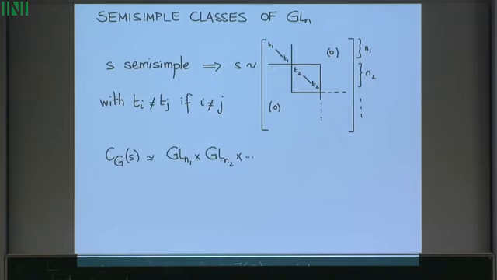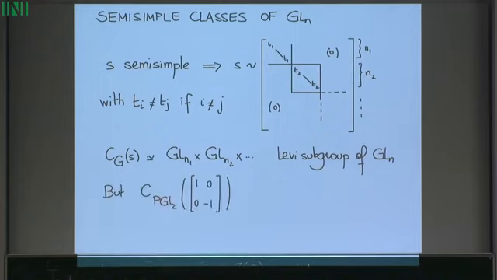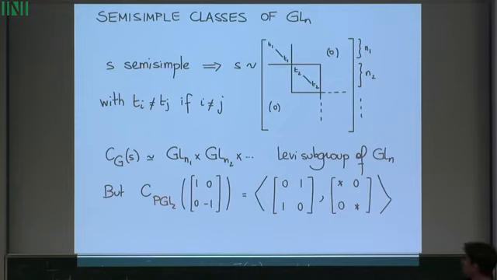Now if you want to compute the centralizer, it's a very simple exercise. You just get a product of smaller general linear groups. In that case, this is the Levi subgroup of GL_N. But the situation here is very particular to GL_N. That's why I want to emphasize that. For example, if you work with the projective general linear group, even for this very simple element, you'll see that you get two kinds of elements which generate the centralizer.